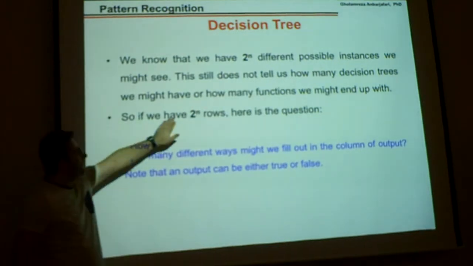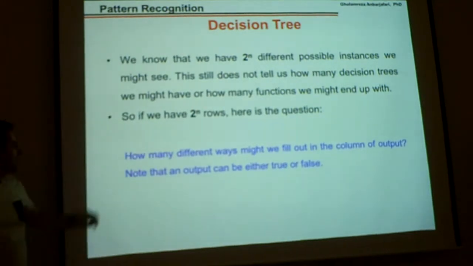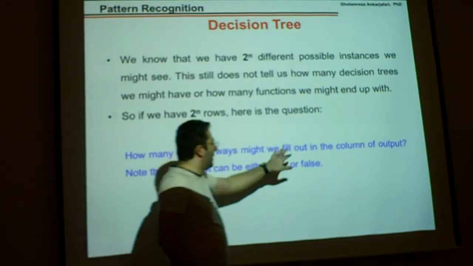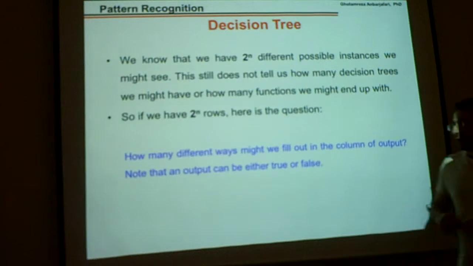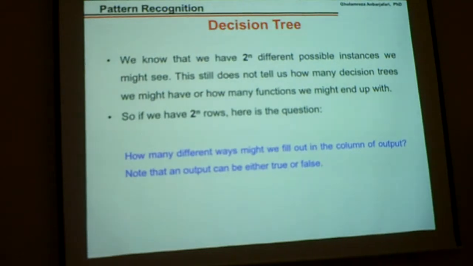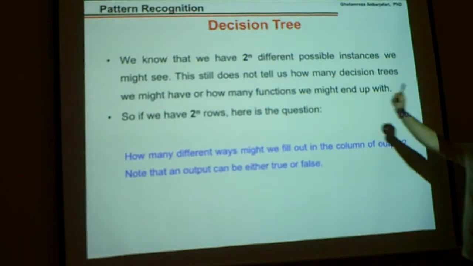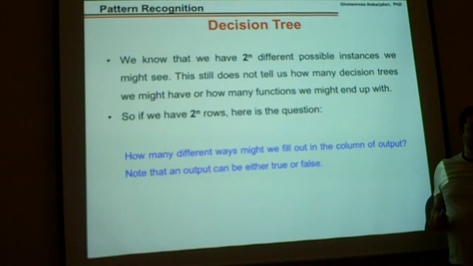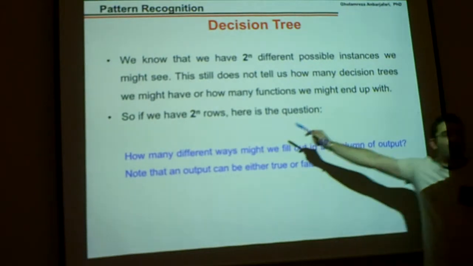In other words, we need to have 2 to the power n rows. The question is, how many different ways might we fill out the left column of the output that I had in the previous table?